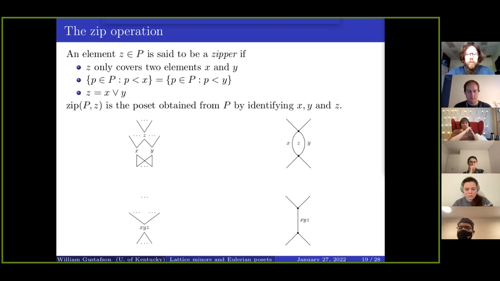On the top left is the Hasse diagram of our original poset P, and this is what a zipper might look like. Below that is what the Hasse diagram of the zip poset might look like. And then on the right, if your poset was the face poset of a regular cell complex, it might look like this. The zipper corresponds to a cell which has exactly two cells making up its boundary, and then the zip operation is contracting that cell and identifying the two cells on its boundary.